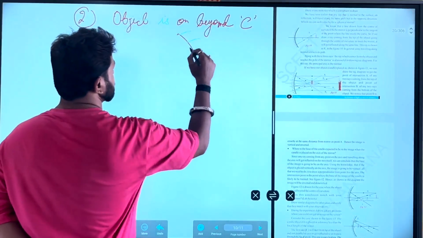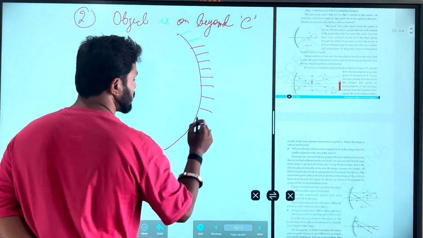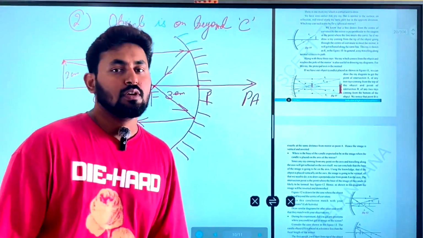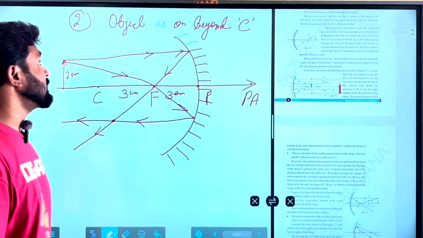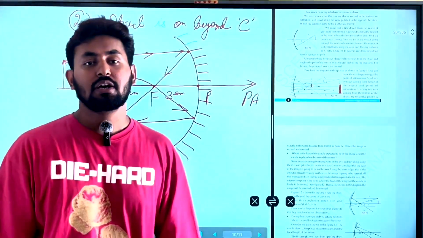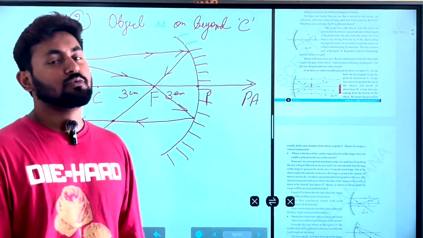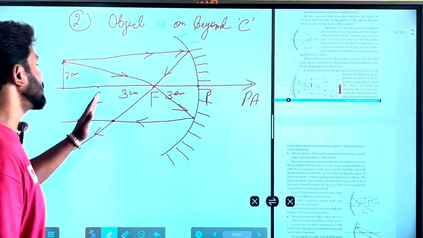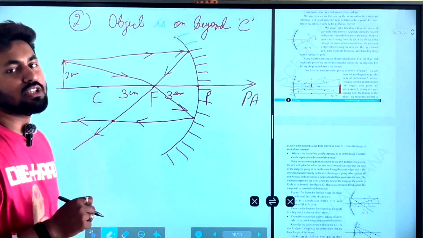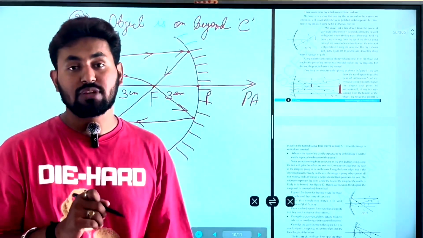This is a concave mirror that I have. So this is case 2, wherein the object is placed beyond C, which is just behind the center of curvature. This is the center of curvature and the object is just behind it, and the height of the object is 2 centimeter.